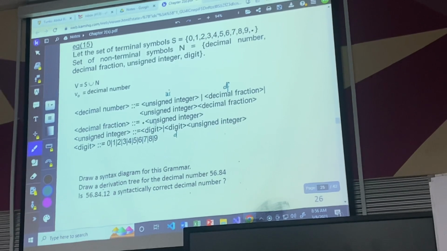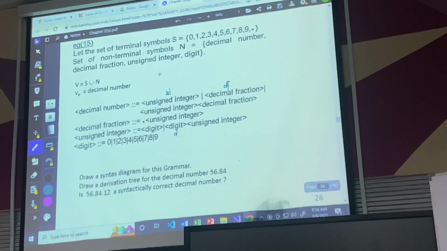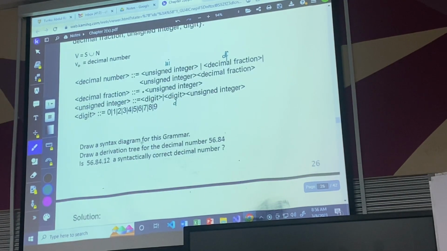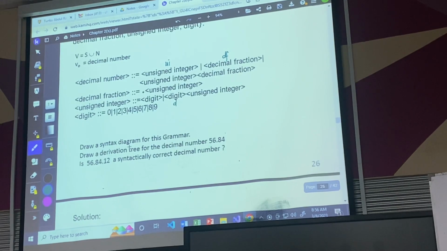We will use these when we draw the diagram. They ask you to draw a syntax diagram for this grammar, and after that draw a derivation tree to determine whether this is a syntactically correct decimal number or not.